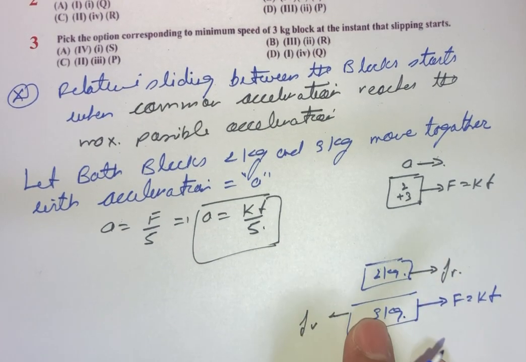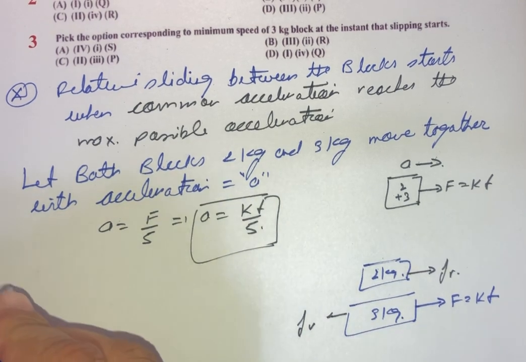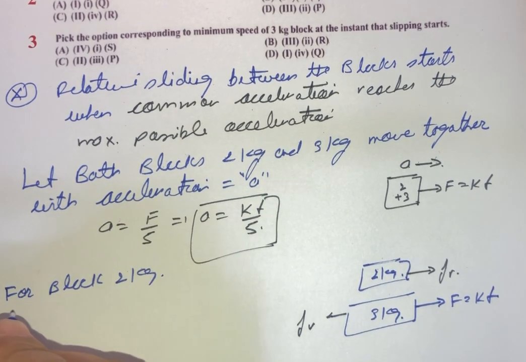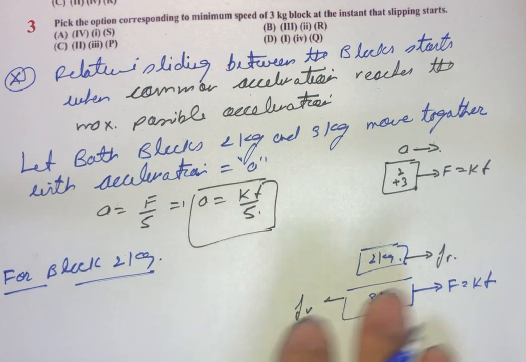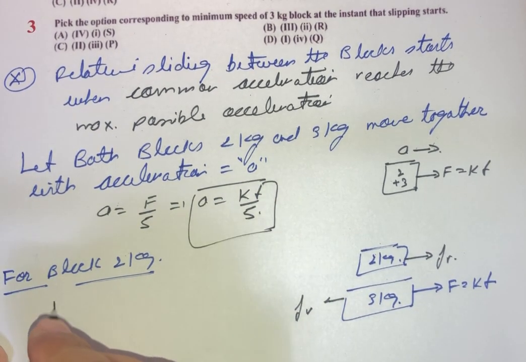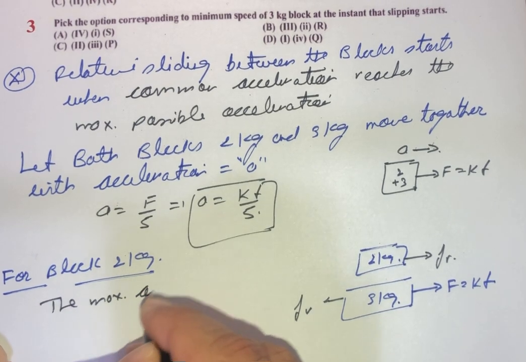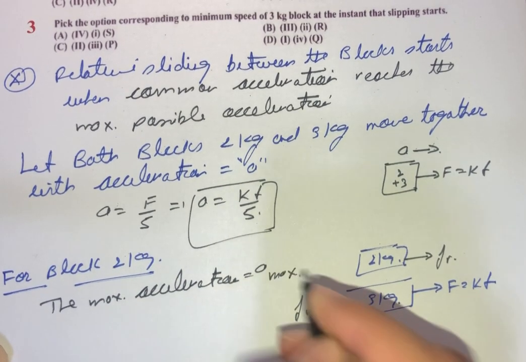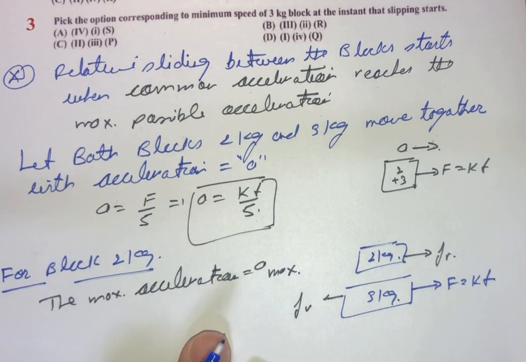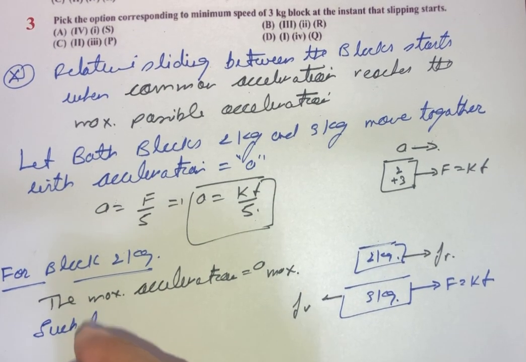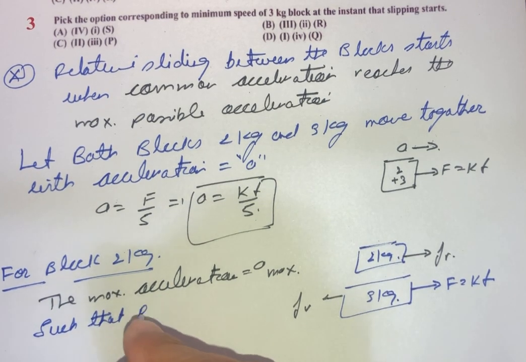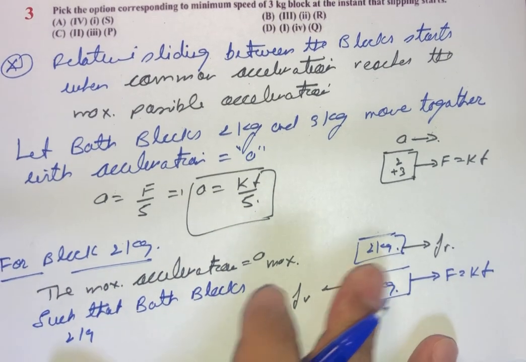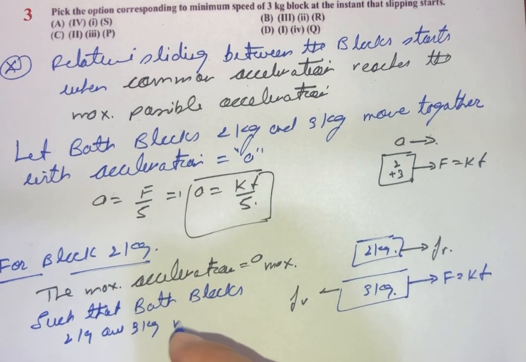So based on this diagram, for the 2 kg block, let us write the maximum acceleration Amax such that both blocks, 2 kg and 3 kg, move together.